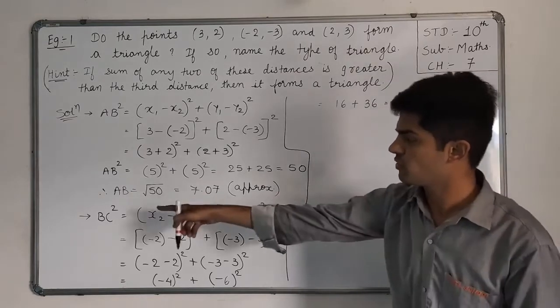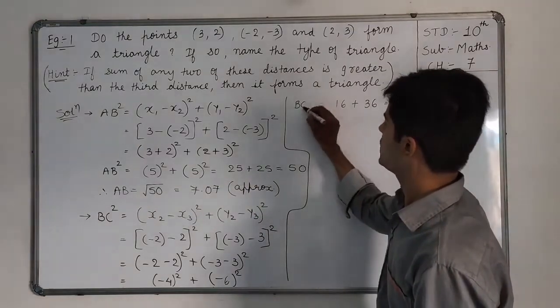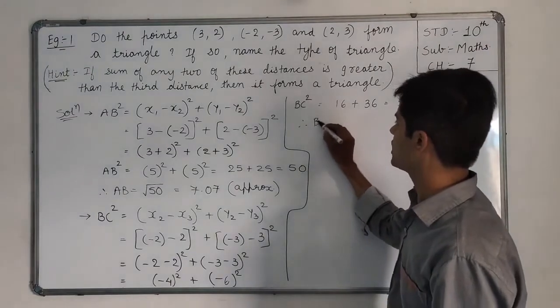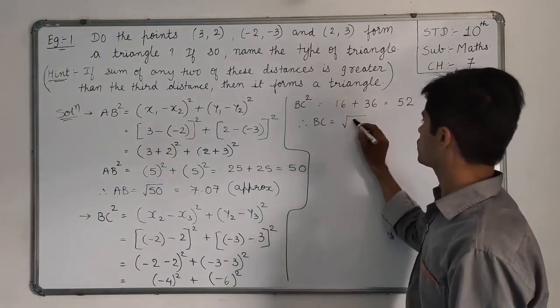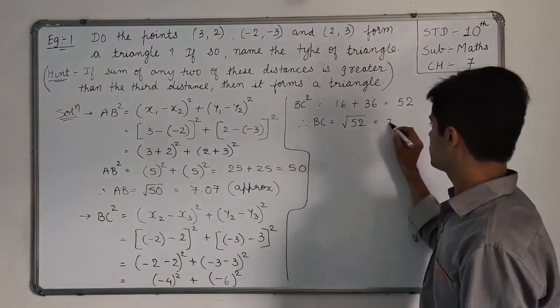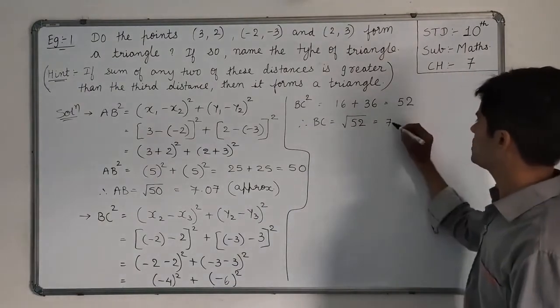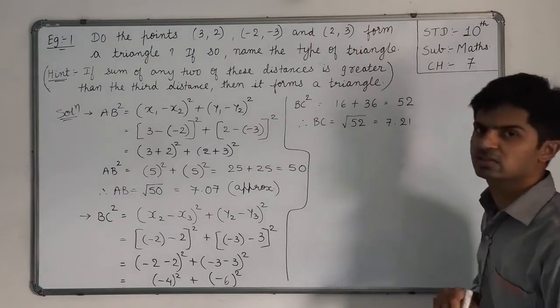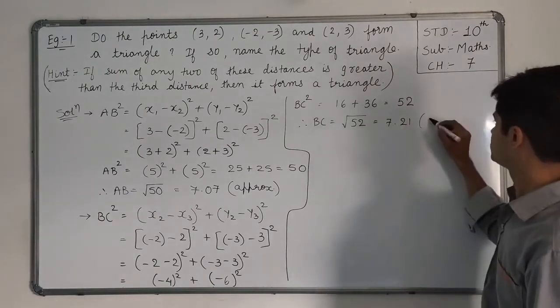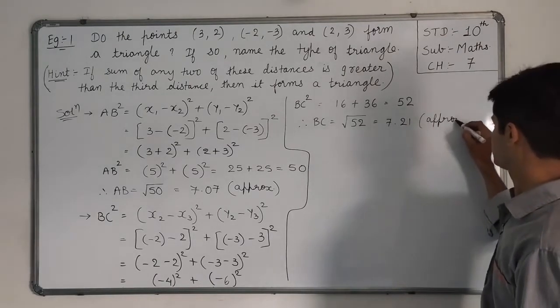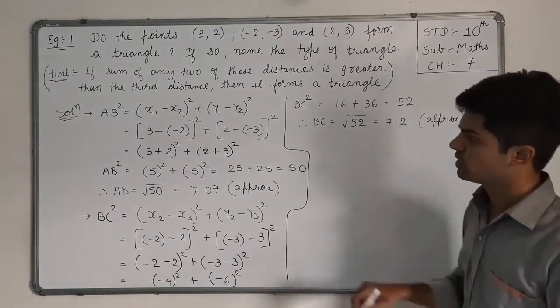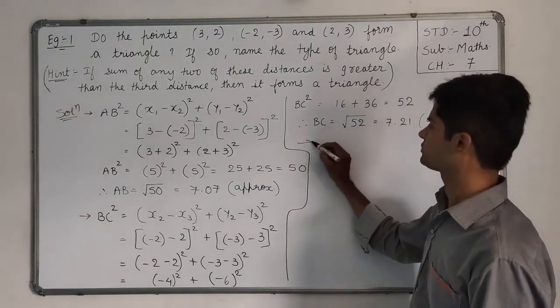But this is the answer of BC square. We need to find the answer of BC. So therefore BC is root of 52, and if you find out the root of 52, then it will be approximately 7.21. Okay, now third one, AC square.